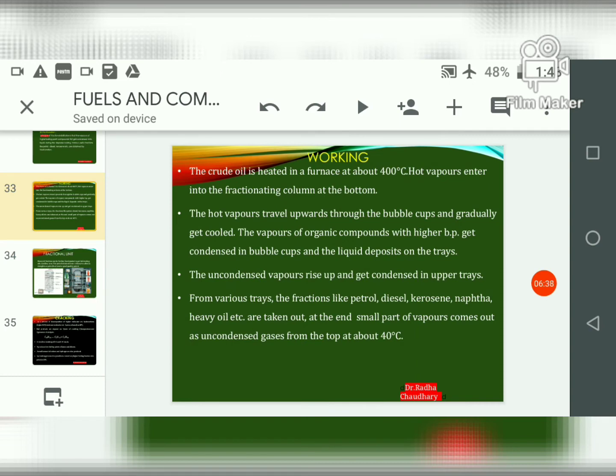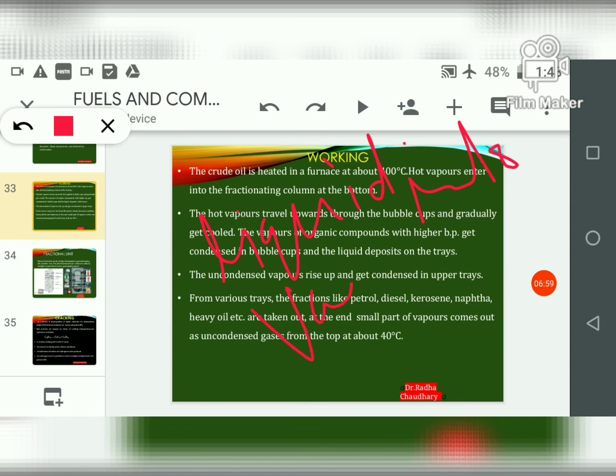The crude oil is heated in a furnace at about 400 degrees centigrade. When the crude oil is heated at 400 degrees centigrade, liquid is converted into vapors. It means there is a conversion of liquid into vapors.